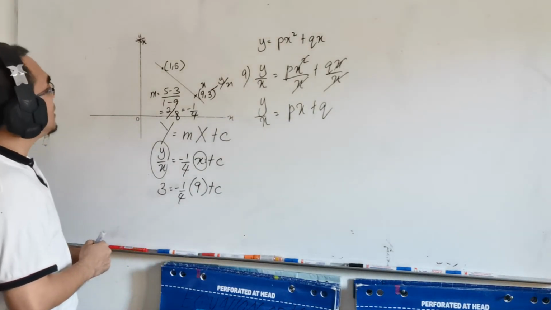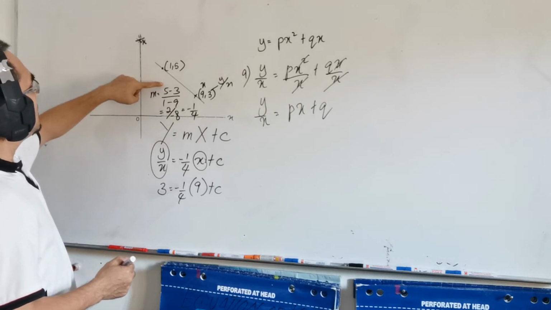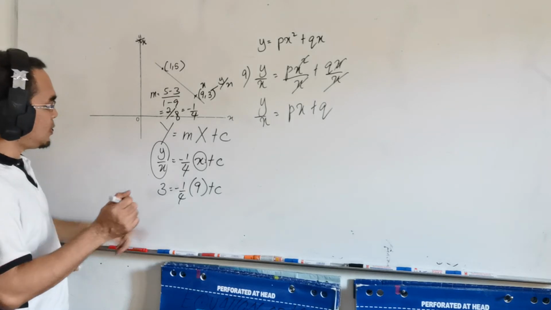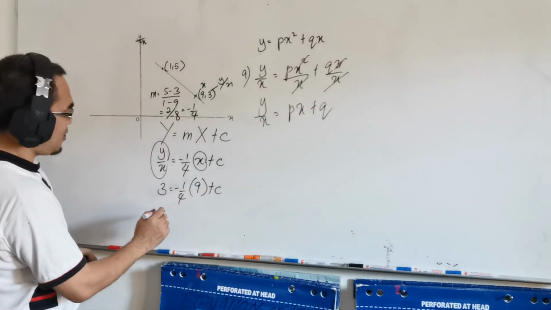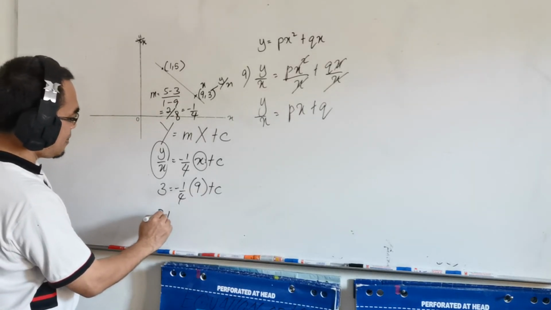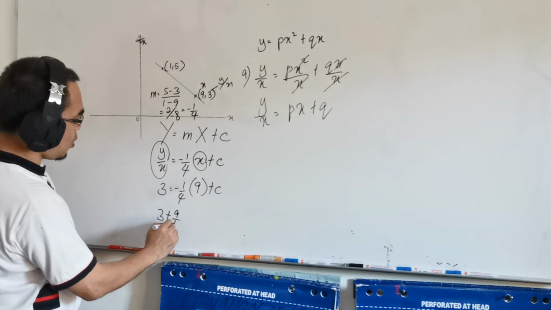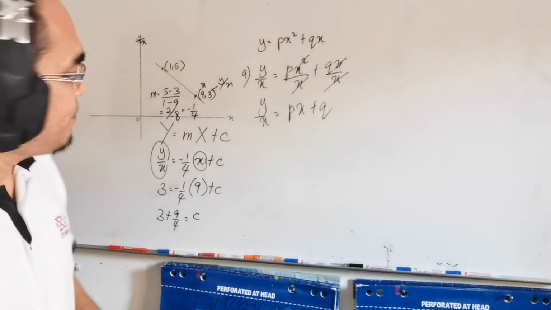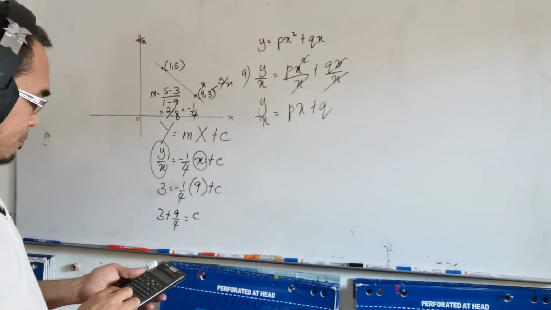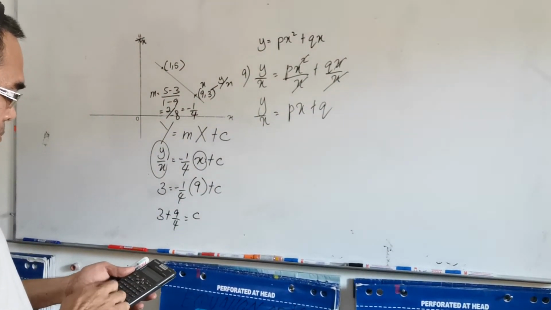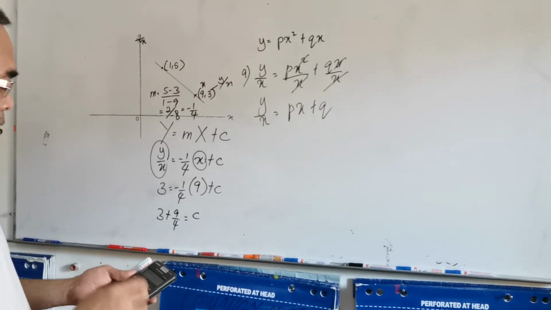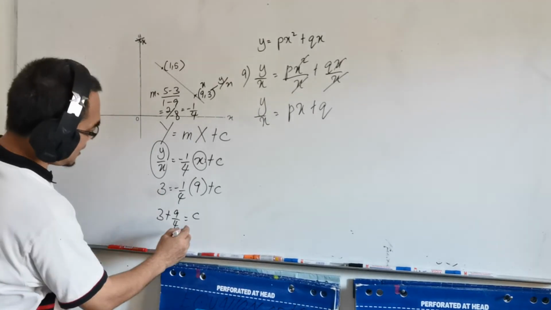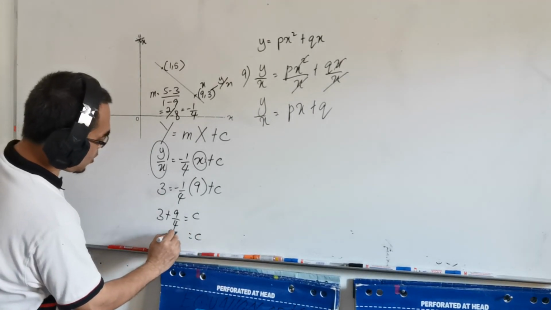Now we calculate the value of c, that is 3 plus 9 over 4, which is 21 over 4. So c is 21 over 4.